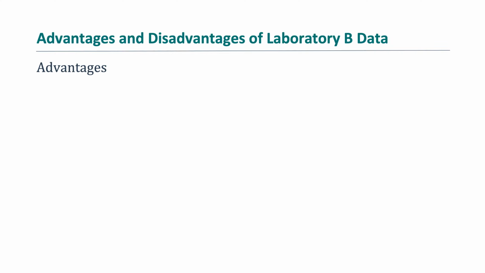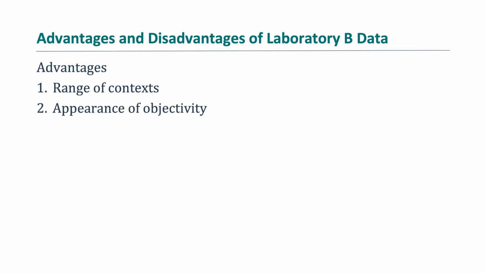I've already named some, but advantages: there's a range of context. You don't need to wait for that situation because you're going to artificially create it. There's an appearance of objectivity because a lot of times when we do an experiment, we're holding things constant, which is great because there's less distortion and less exaggeration, and there's usually a high level of reliability and precision that goes into it.